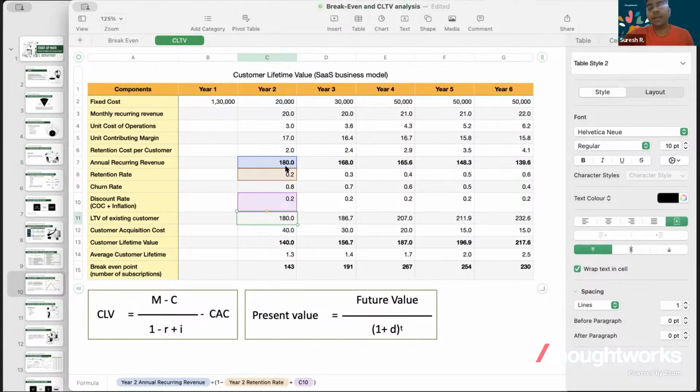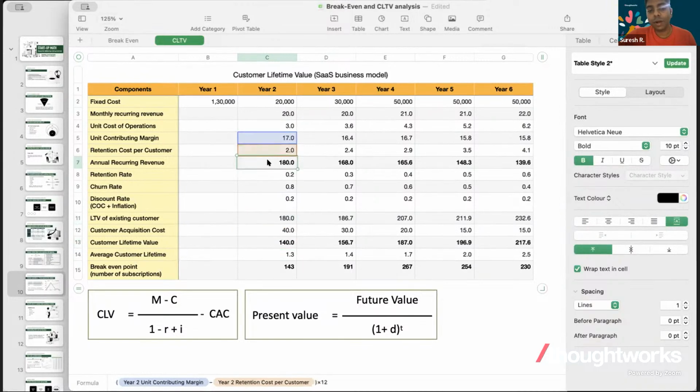And then I move on to the lifetime value of the existing customer. What we have done here is taken the annual rate and applied this formula: 1 minus retention rate plus the discount rate I. And I've got my lifetime customer value, which is $140 to start with.